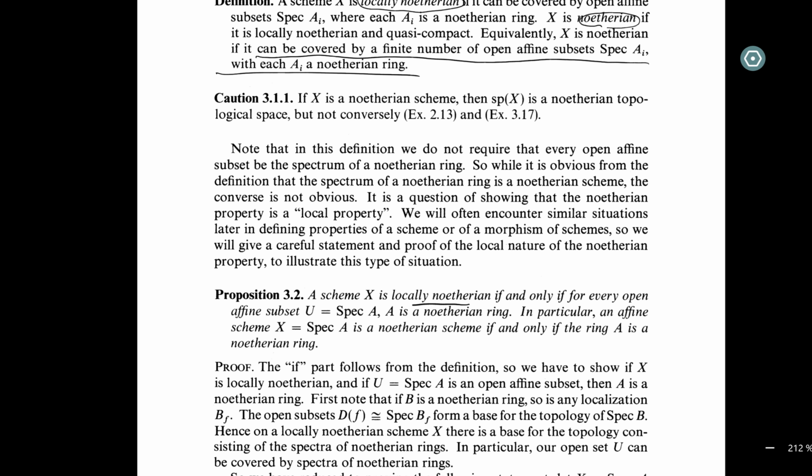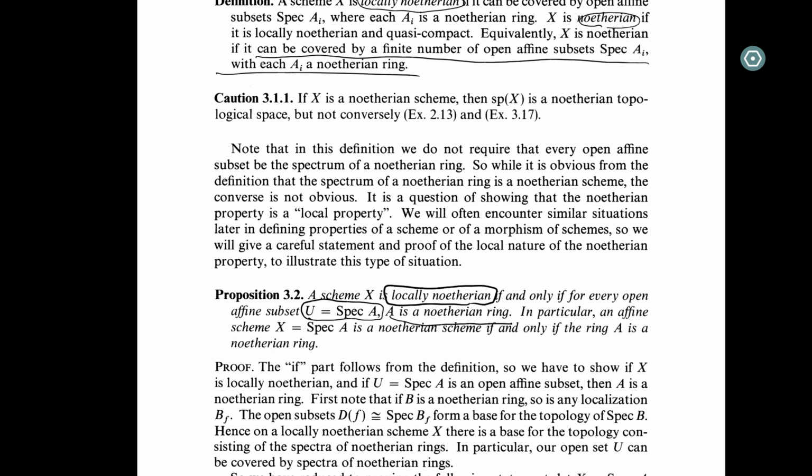But what may be beyond your imagination is that locally Noetherian holds if and only if for every open affine Spec A, A is a Noetherian ring. In particular, an affine scheme is a Noetherian scheme if it is Noetherian.